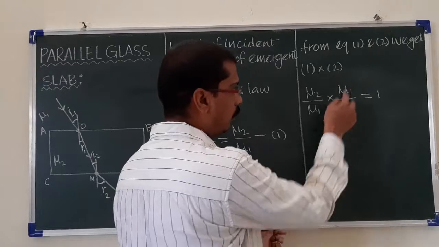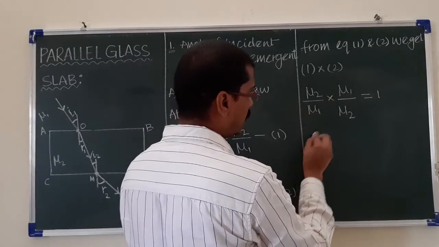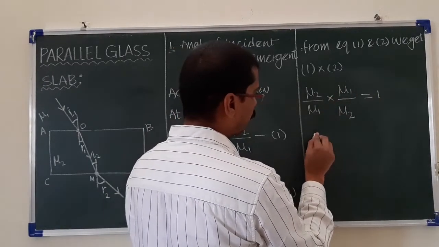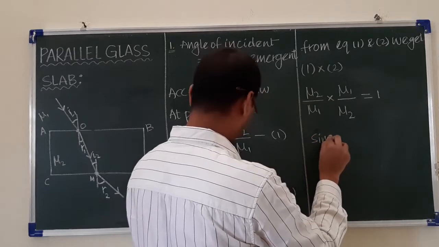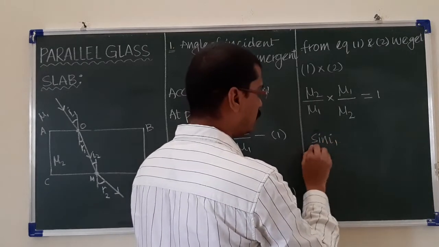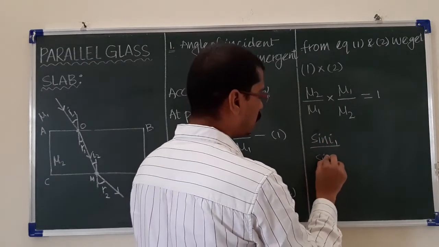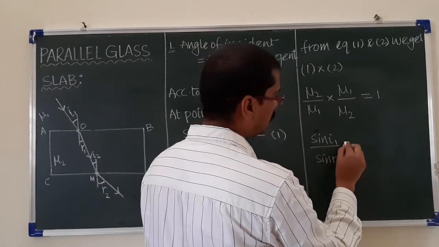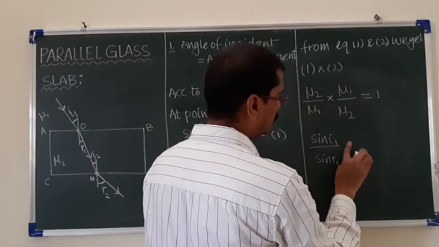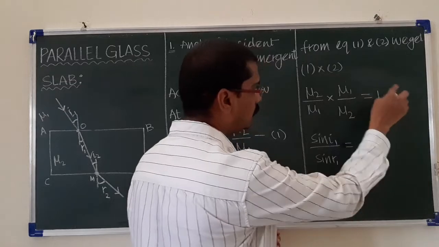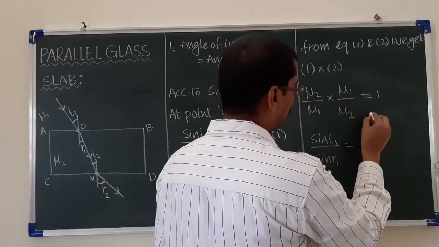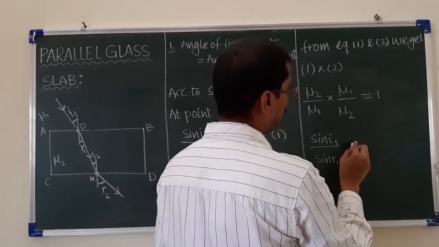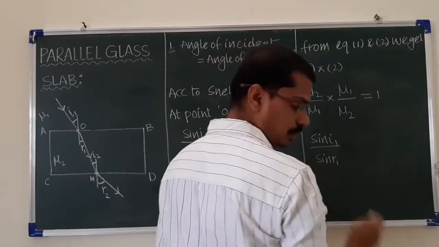Now substitute all these values, then here we can write sin I1 upon sin R1 into sin I2 upon sin R2 is equal to 1.